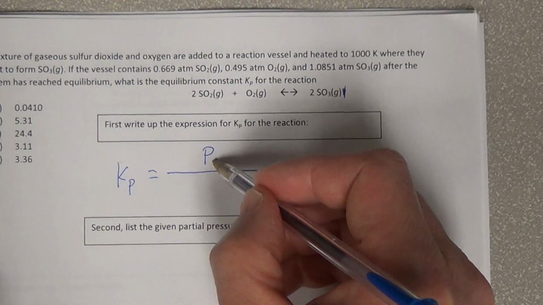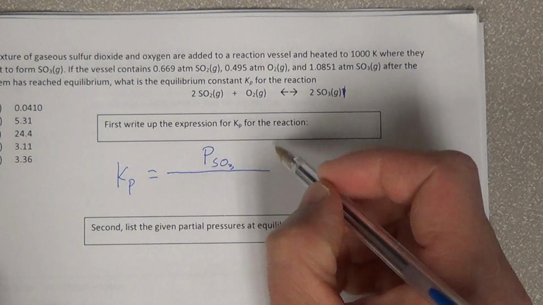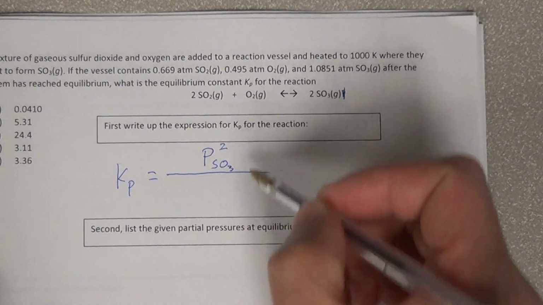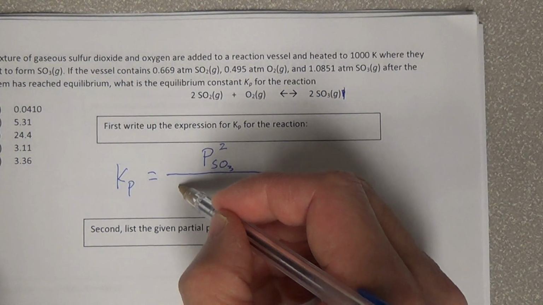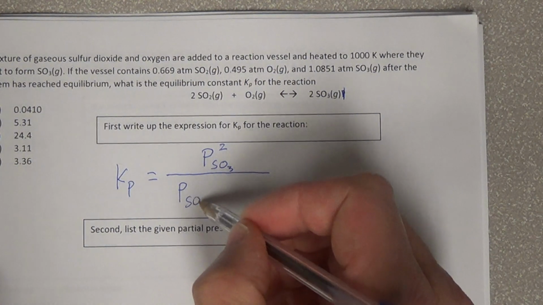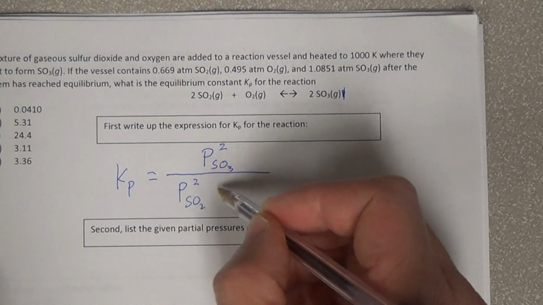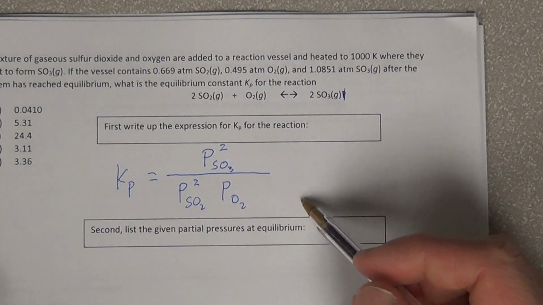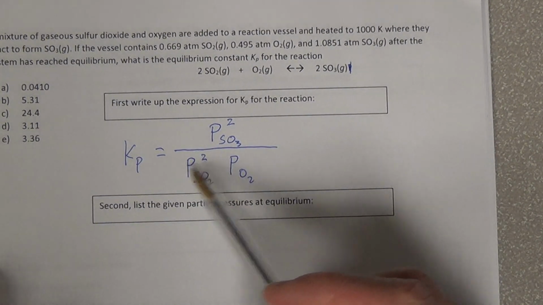So the product is SO3, and then use the coefficient as power. This coefficient is 2, and then we have 2 reactants. We're all going to use partial pressure. So SO2 with coefficient 2. Then we have the partial pressure for O2 with coefficient 1. So this is the formula for Kp.